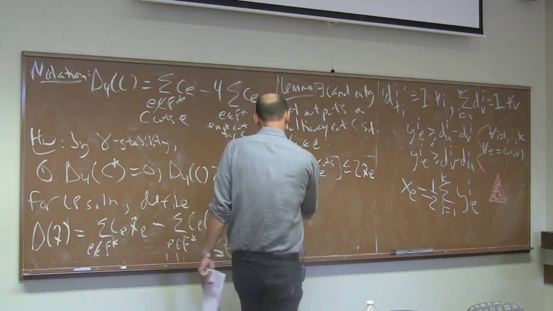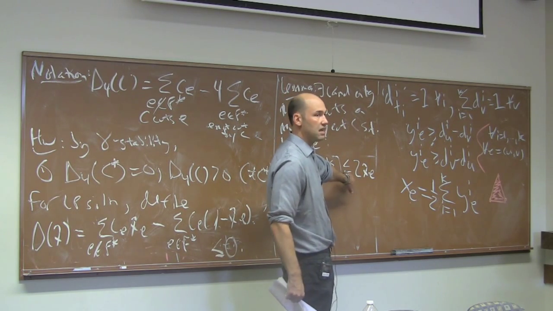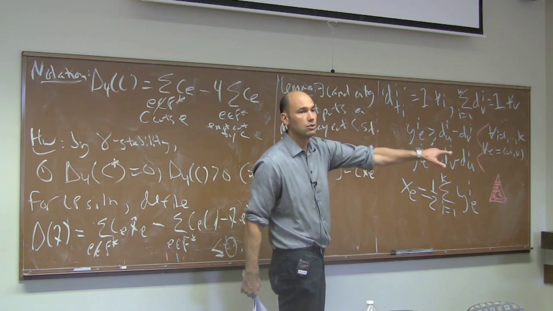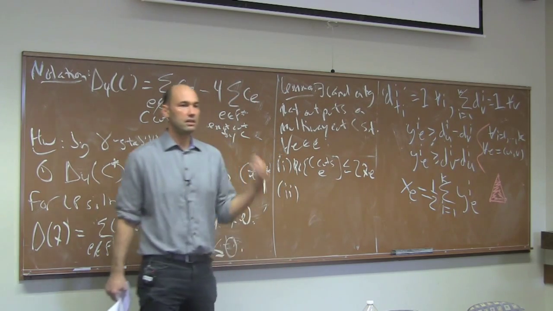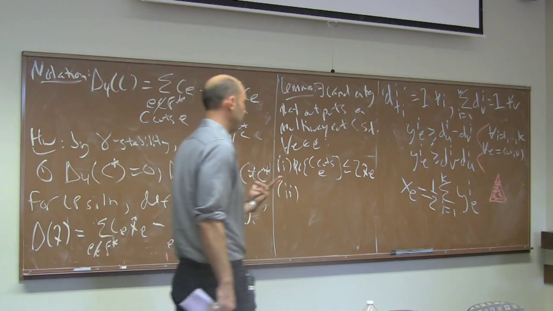And secondly, notice what this would imply is just that the probability that e is not cut is lower bounded by 1 minus 2 times x hat e. It turns out that that's not going to be good enough for the analysis we're about to do. So we want a better lower bound on the probability that it's not cut.